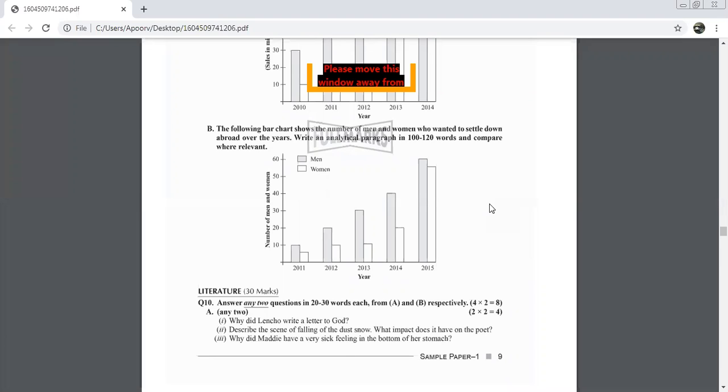Akash, you have also raised your hand. Devansh: Yes, ma'am. Ma'am, in this graph, there is a comparison between man and woman who settled abroad over the years.